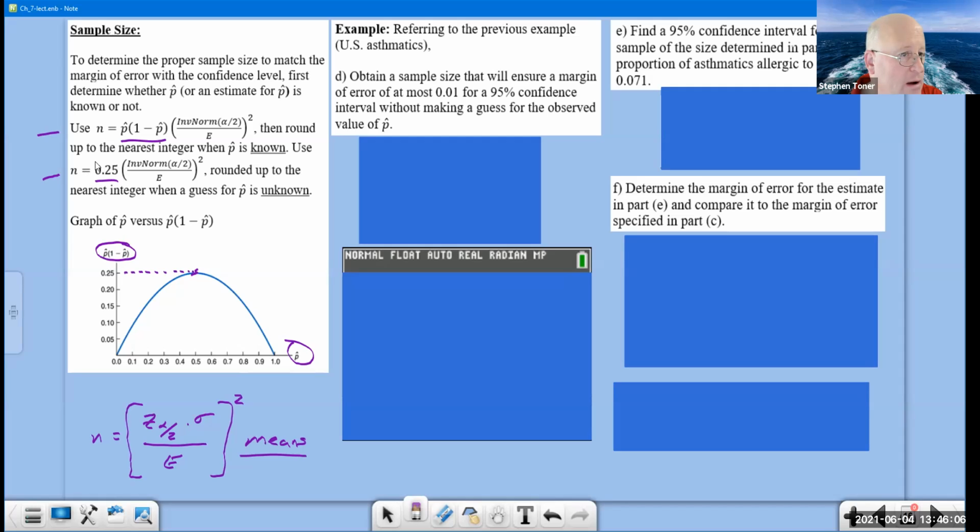That's why we put that right there in front, 0.25, because that will give us the largest sample size when we don't have a best guess for what P hat is. If we do have a guess for what P hat is, especially if it's a little bit further off to the side, then that leading coefficient that we multiply by is going to be a bit smaller, and it's going to reduce the sample size that we're going to be working with. Okay, all of that to say, now let's go and use it. So I'm still going back to this problem dealing with the US asthmatics.